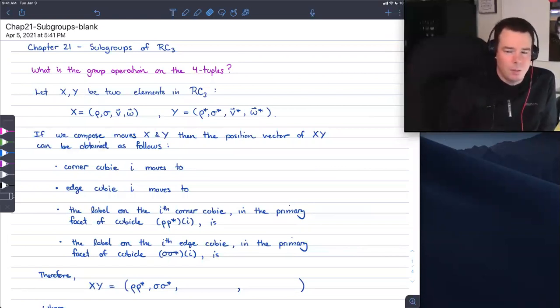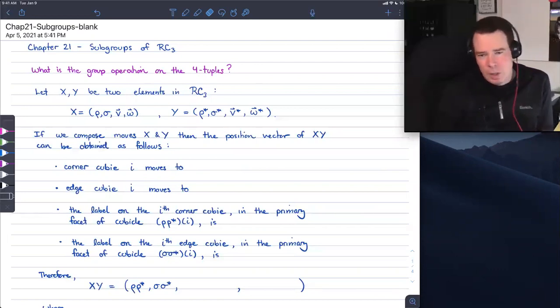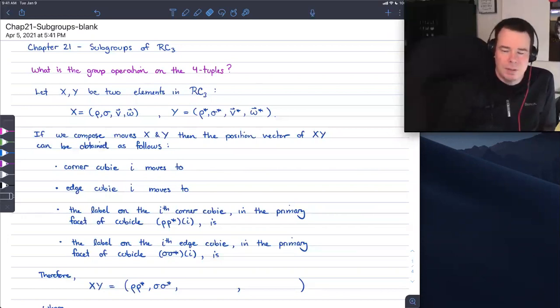So now I can not only think of it as a static object, it is actually a representation of the moves that happened. So it's the representation of the move sequence that took the solved state to X position. And Y is also a representation of the move sequence that took us from the solved state to Y.